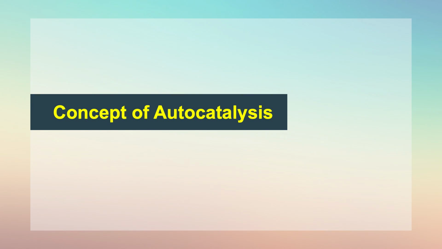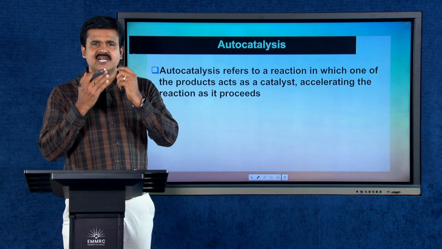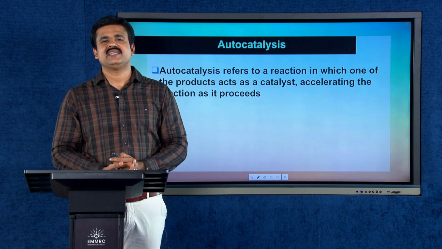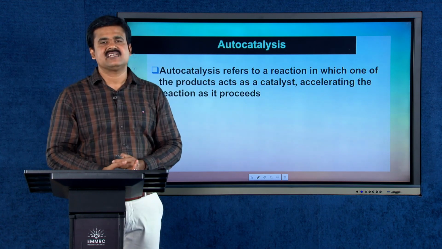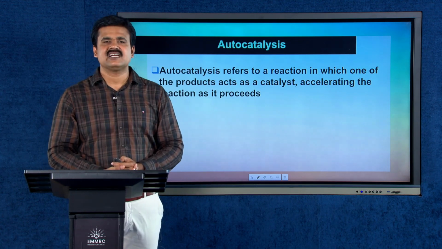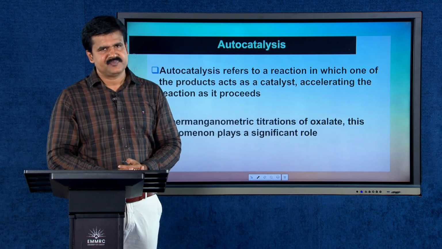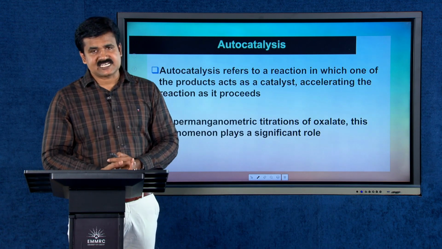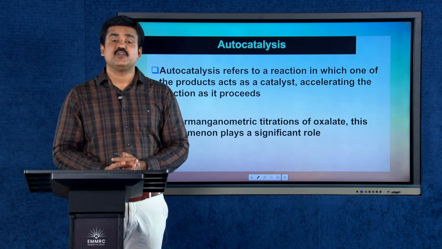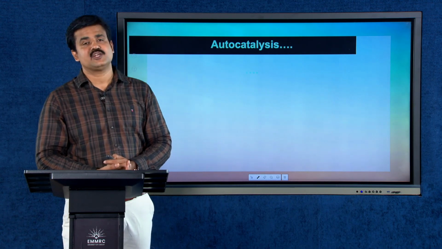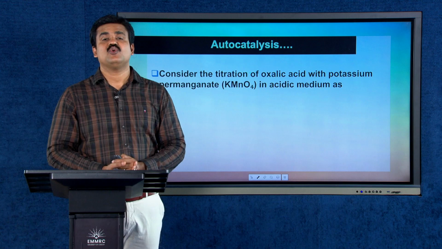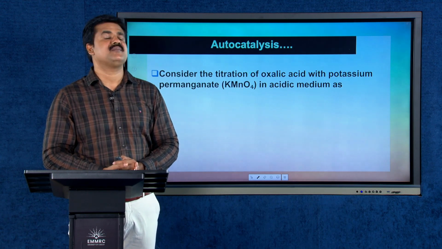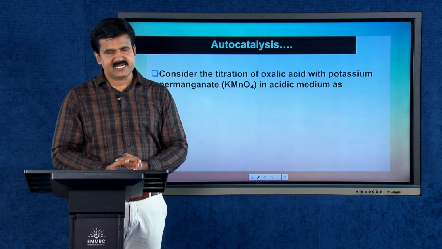Now, the concept of autocatalysis. Autocatalysis refers to a reaction in which one of the products acts as a catalyst, accelerating the reaction as it proceeds. In permanganometric titrations of oxidation, this phenomenon plays a significant role. Consider the titration of oxalic acid with potassium permanganate in acid medium.